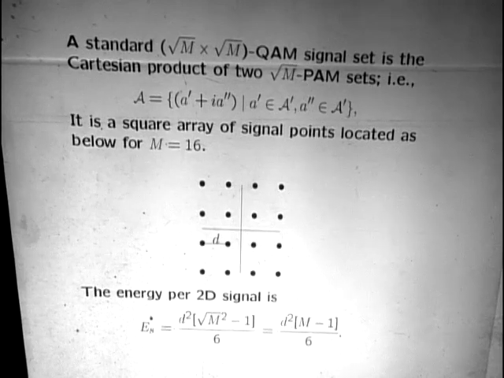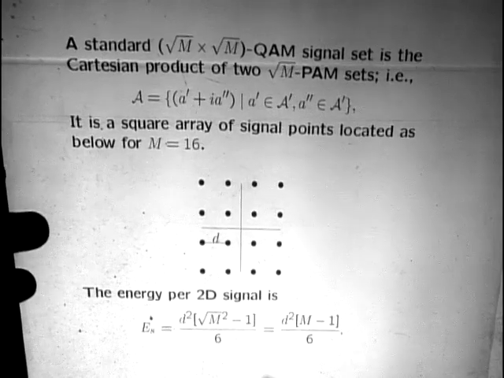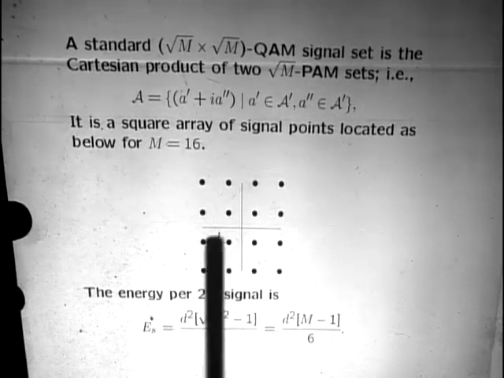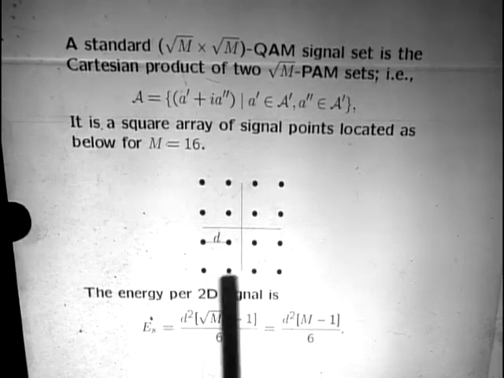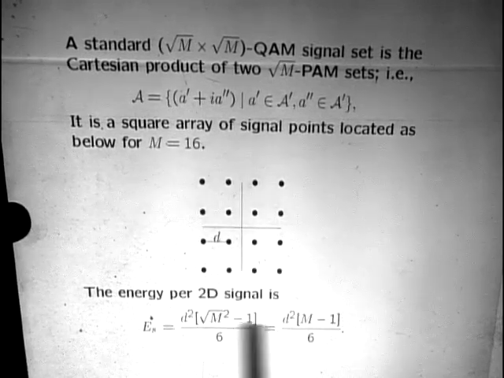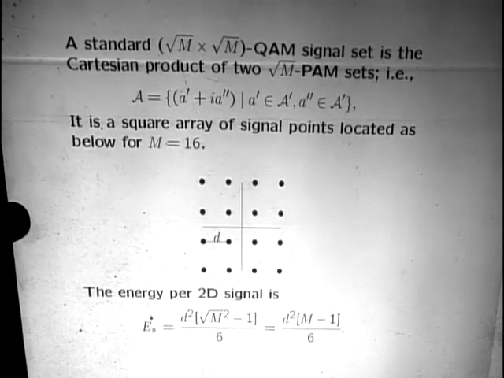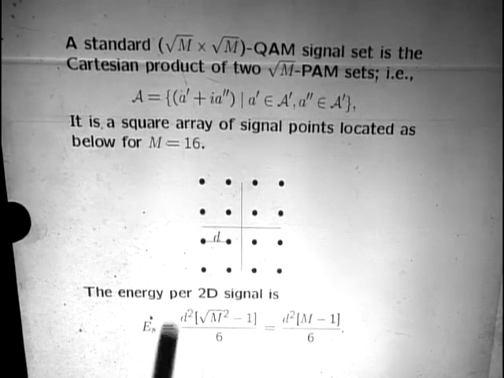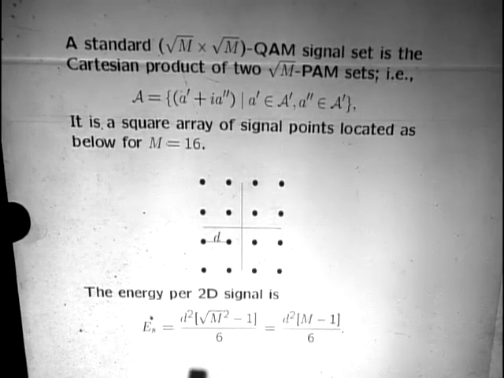It's the simplest thing to do, and sometimes the simplest thing is the best. It's determined by some distance d that you want to have between neighboring points, and given that distance d, you just create a square array. The square array means that m has to have an integer square root. This is drawn for m equals 16.